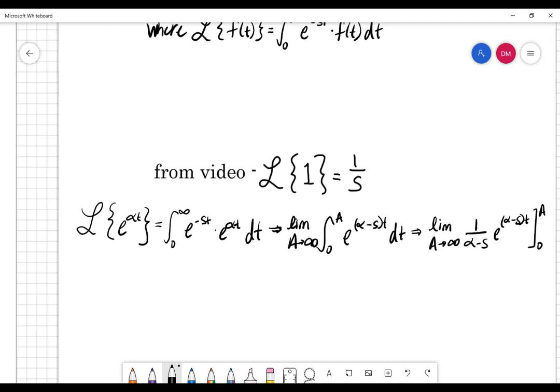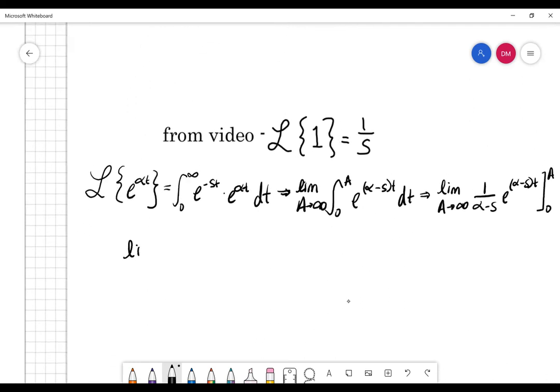All right, so I'm going to leave that limit on the outside here, and we're going to evaluate at a and at 0 and see what this looks like for us. So this is going to be 1 over alpha minus s times e to the alpha minus s, evaluating at t as a, would be the first part, minus 1 over alpha minus s.